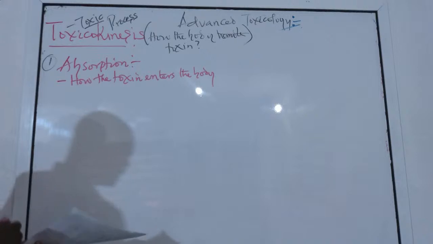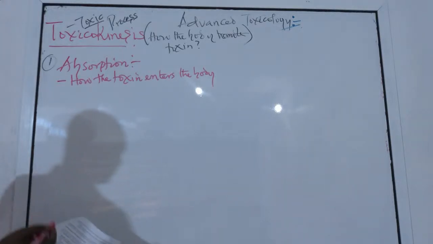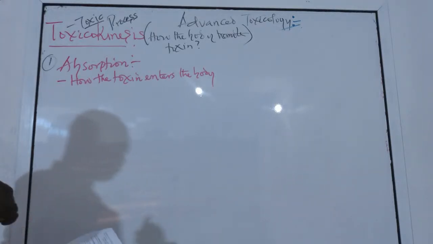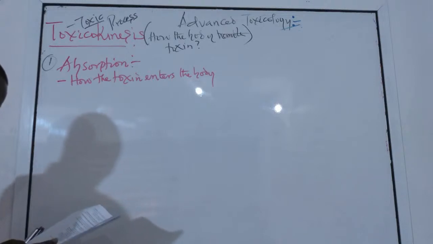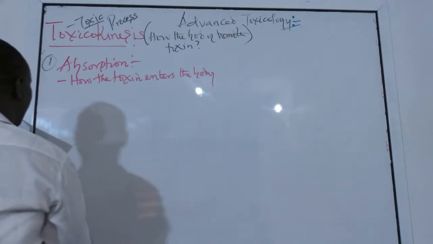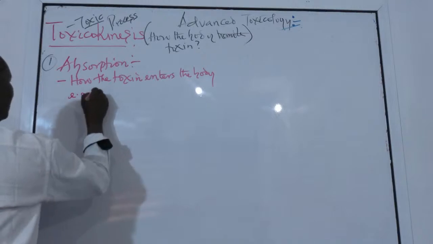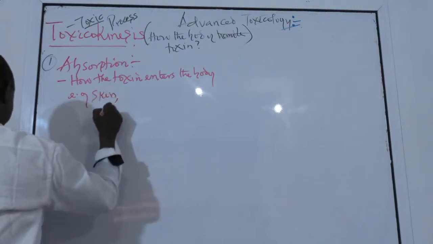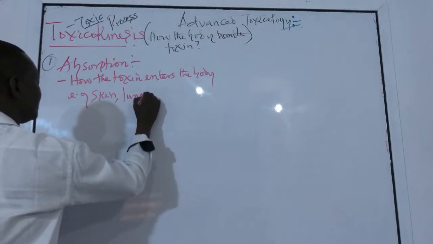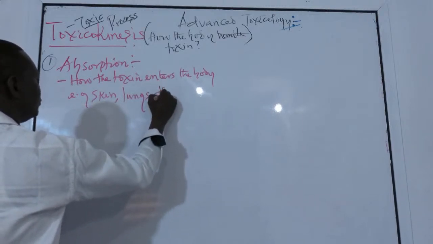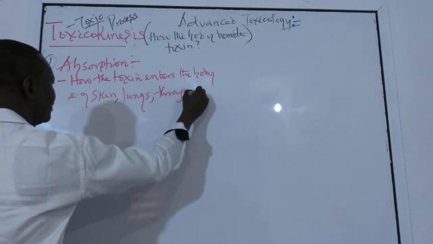So how does it enter the body? Is it through the skin? Is it through oral ingestion? Is it through inhalation? It matters a lot. And just like I said, it could be through the skin, it could be through the lungs, or it could be through digestion.